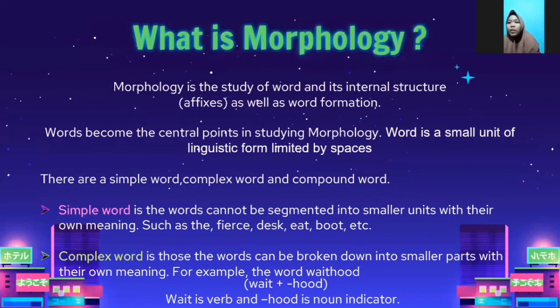For example, the word weight-hood, weight plus hood. Weight is a verb and hood is a noun indicator. The existence of such a pattern proves the word may have internal constituent structure. Meanwhile, the process of adding the suffix hood to weight deals with how the words are formed.